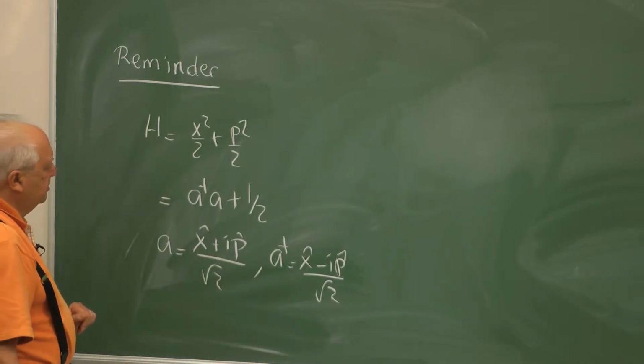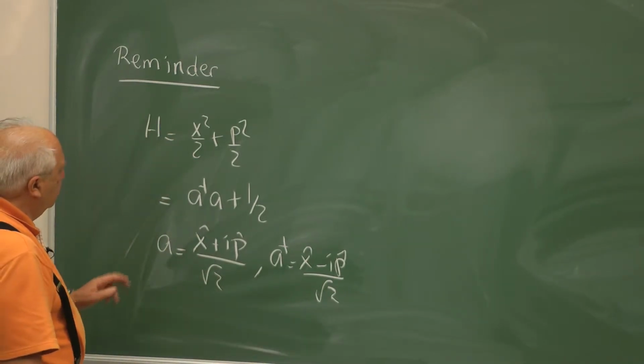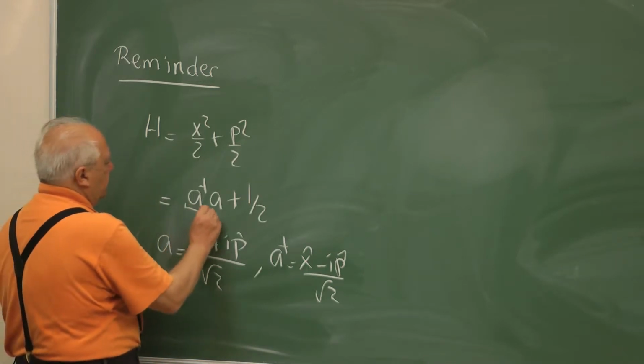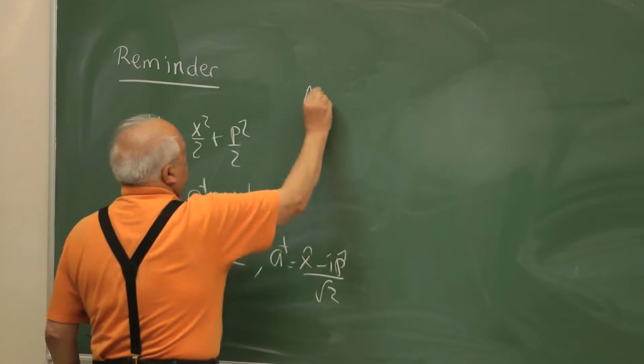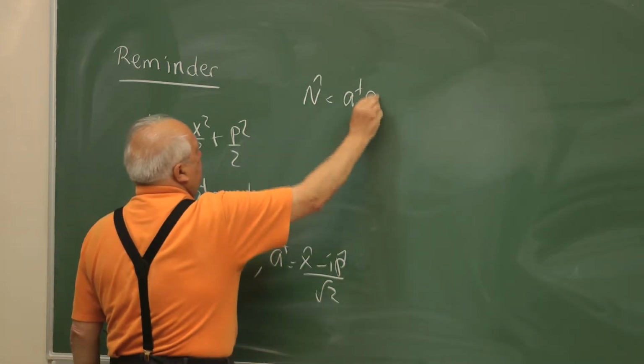And this is an important combination, which we call the number operator. N is equal to a dagger a.